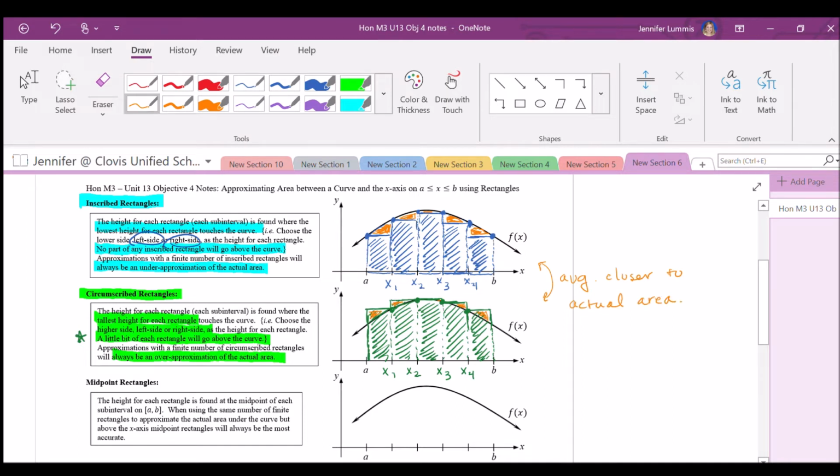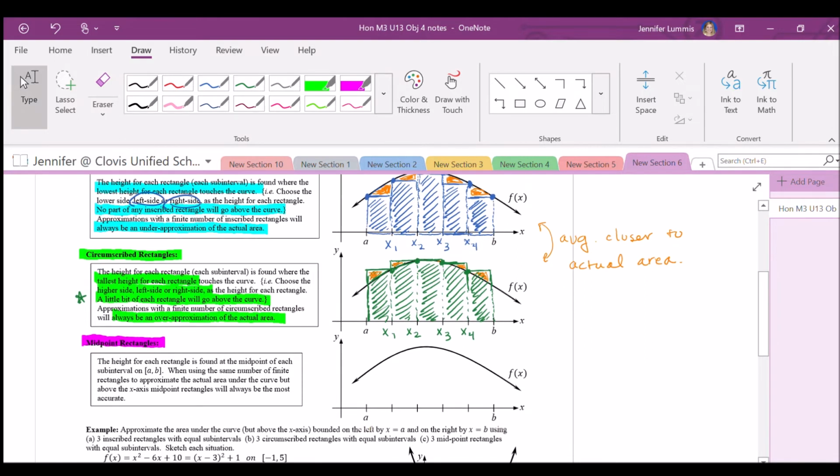So there's one last thing we can do that's a really good measure for approximating area, besides using inscribed and circumscribed rectangles, and that is using midpoint rectangles, in which case the height for each rectangle is found at the midpoint of each subinterval.